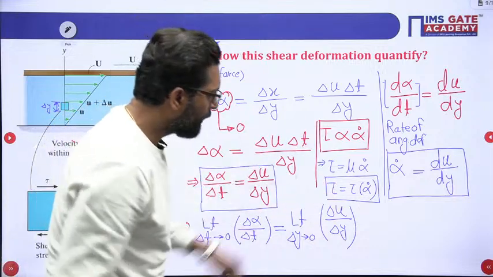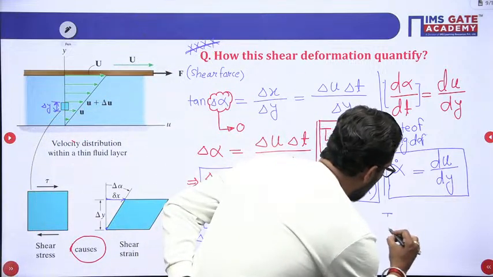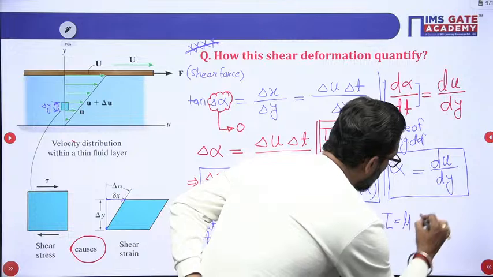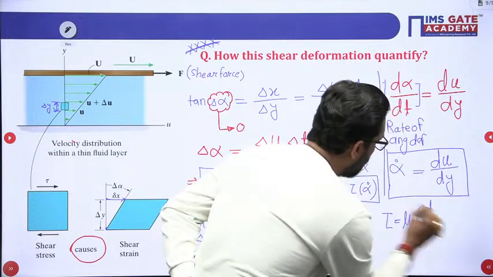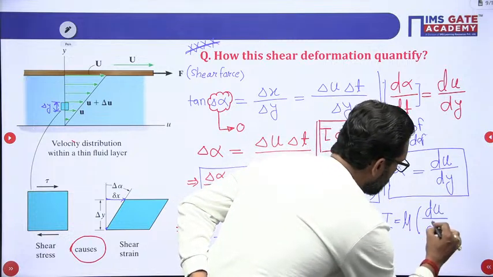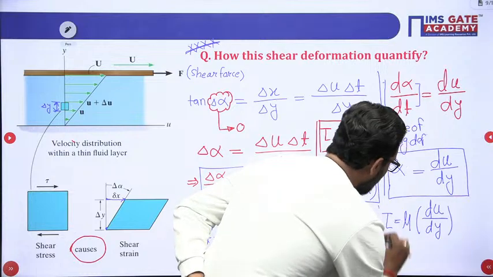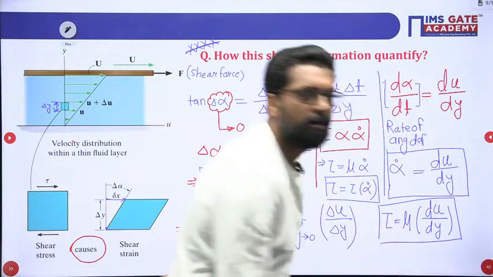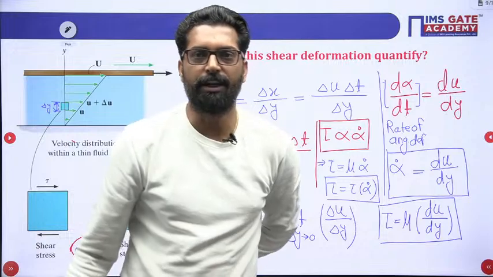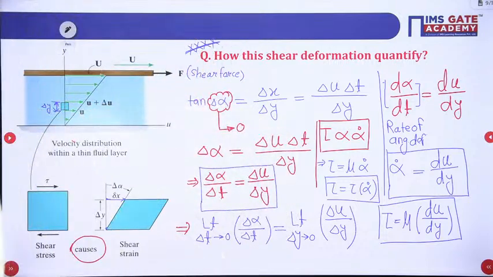So in that manner, you can define tau is equal to mu, and this alpha dot is nothing but du by dy. This is called Newton's law of viscosity.